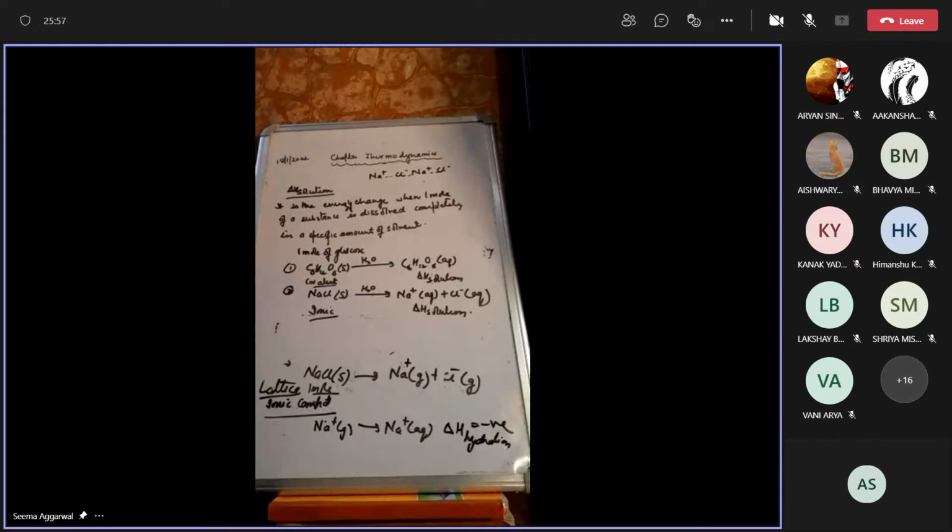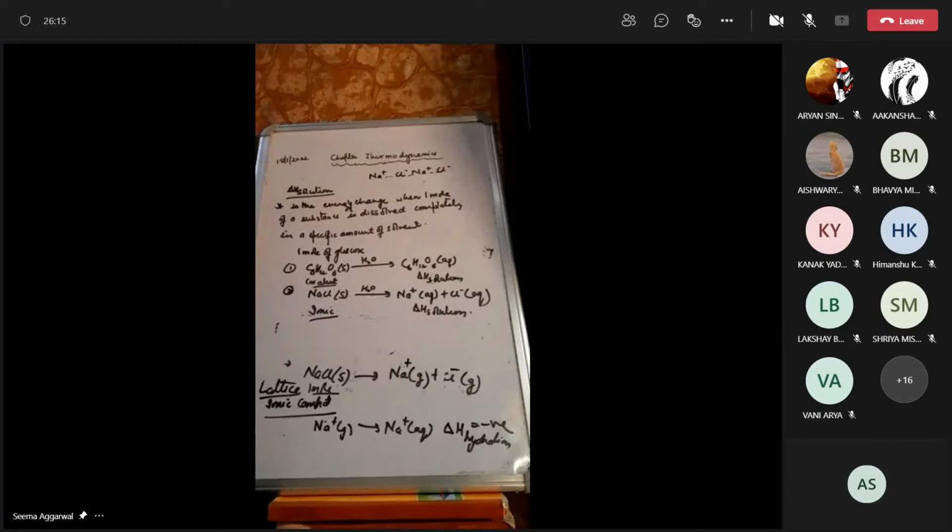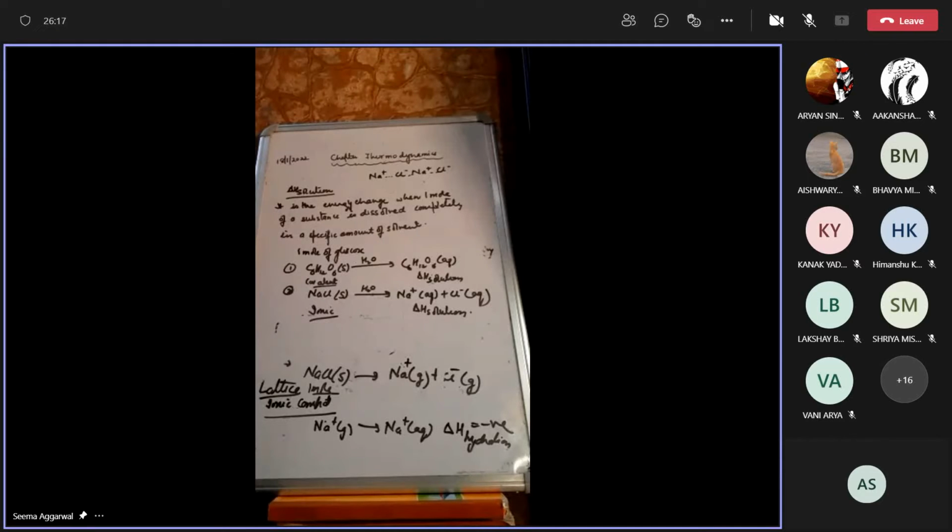So the difference between these terms should be very clear to you. Solution means it can be an ionic compound or a covalent compound. When 1 mole of it is dissolved, if it is ionic, then obviously it will convert into aqueous ions. If it is covalent, it will simply dissolve, and we get an aqueous solution. Lattice enthalpy is only for ionic compounds.